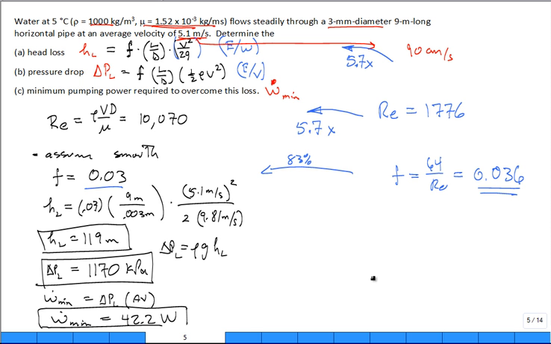Okay, let's continue down. We found that the head loss for the laminar was 4.46 meters. I know that's too many digits, but take a look. How did that head loss compare? Well, it's 26 or 27 times greater. So you went up nearly 6 times in velocity, not even 1 in friction factor, it's 0.8 times, but now the head loss is 27 times.